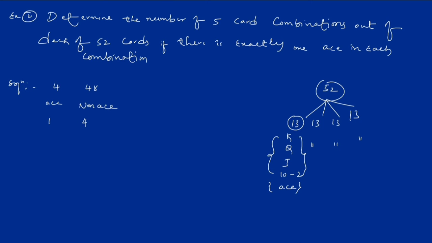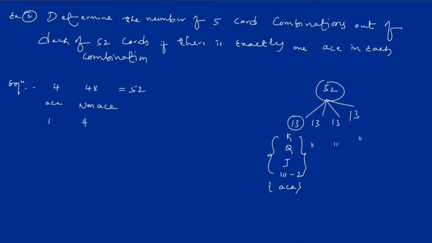Total 5 cards we have to find where exactly one ace should be there. Exactly one ace means out of 5, one is ace and 4 are non-ace. In total we have 52 cards in a deck, 48 non-aces and 4 aces, right?